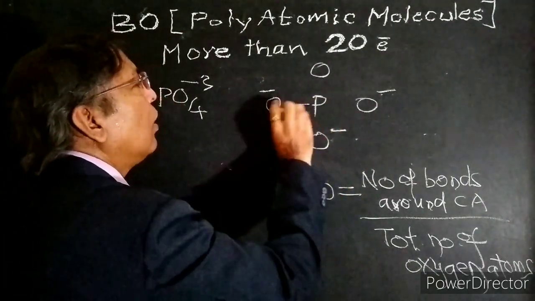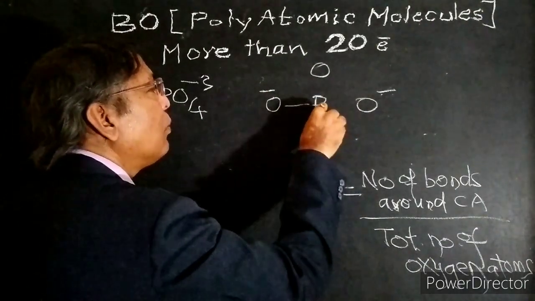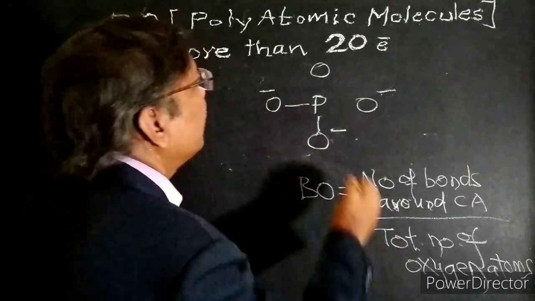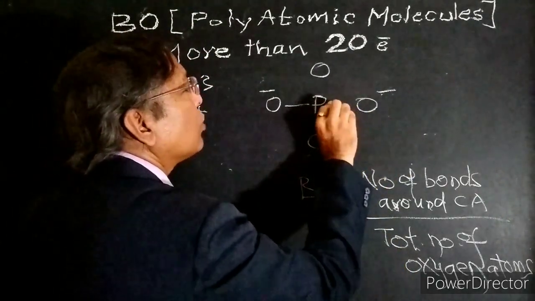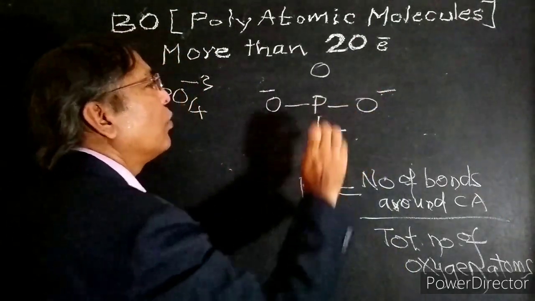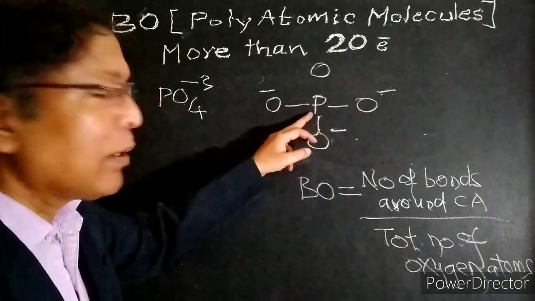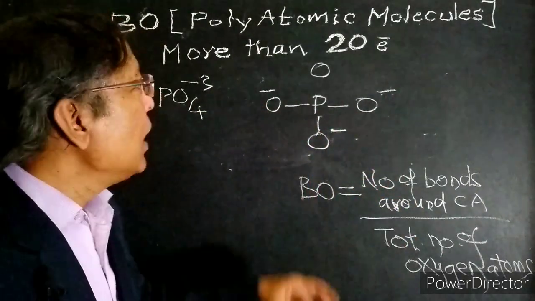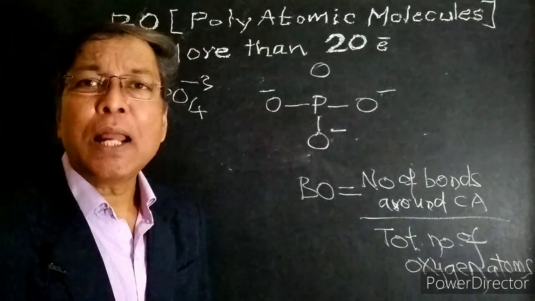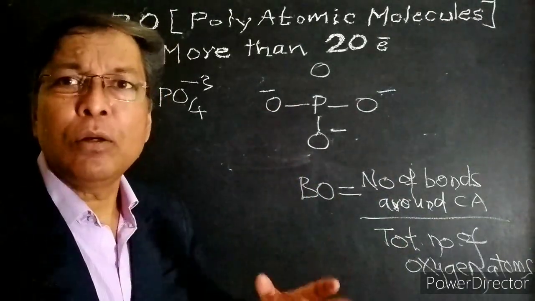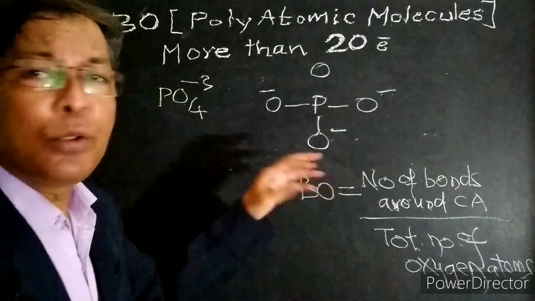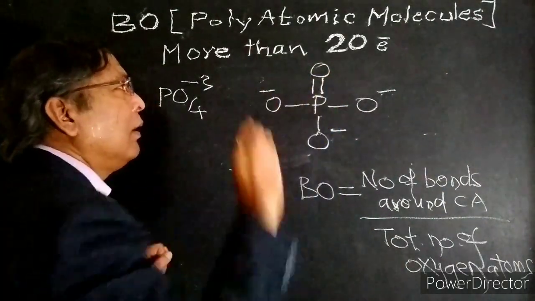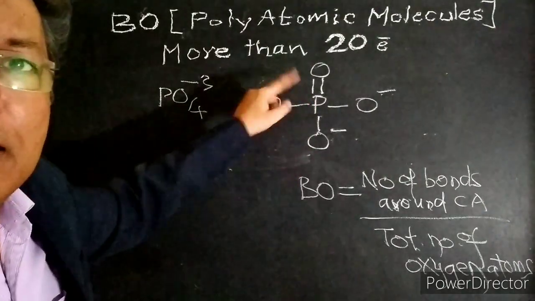So this oxygen is with single bond, and this oxygen is bonded to phosphorus with single bond, and this oxygen is also carrying negative charge, therefore it is bonded to the central atom with a single bond or sigma bond. Now I have already told you that oxygen atom having no charge must be bonded to the central atom with a double bond. Therefore, this oxygen should be bonded to phosphorus with a double bond.